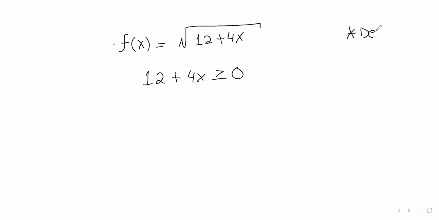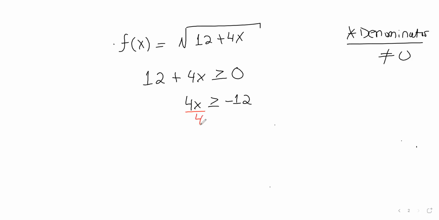Whenever you have a denominator, we used this symbol. So in this case, I would subtract 12 to both sides. Then dividing both sides by 4 gives x greater than or equal to negative 3.